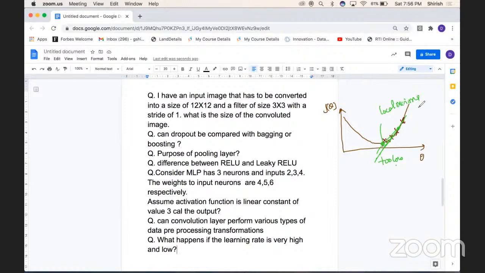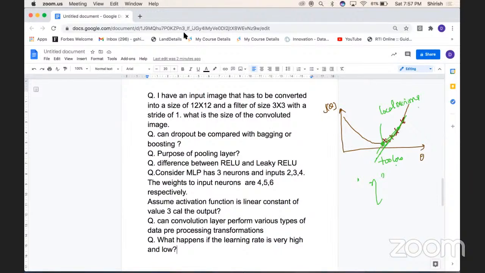Now what happens if it is too high? It's a parameter that you are passing. If you set that too high, it becomes very undesirable, friends.